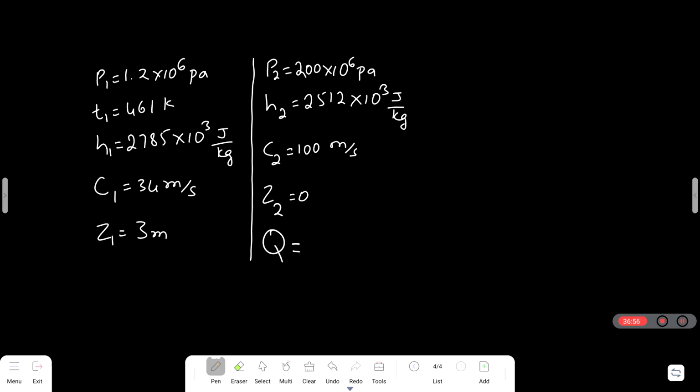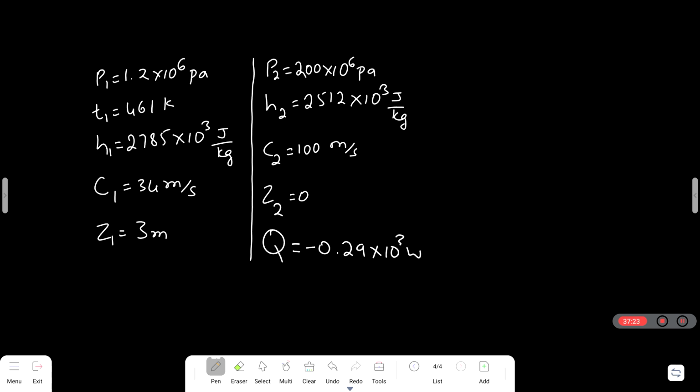Here he has specifically mentioned that heat is lost to the surrounding. Whenever heat is lost going outside the system, what is the convention we follow? Minus. Minus 29 into 10 to the power of 3 watt.